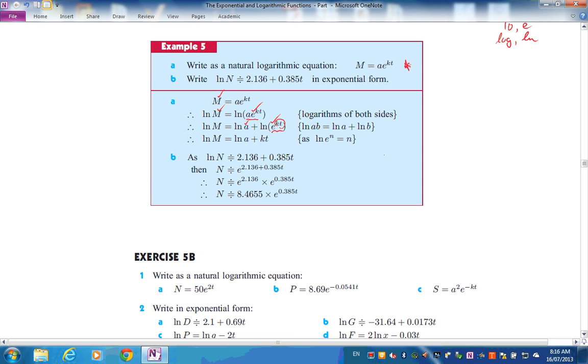Its log is just the power. Okay, just remember that here. Log of e to the n is n. So if you're finding the log, the power of e, and it's already written as a power of e, the log is that power, isn't it? By that definition. Okay, let's do the second one here.